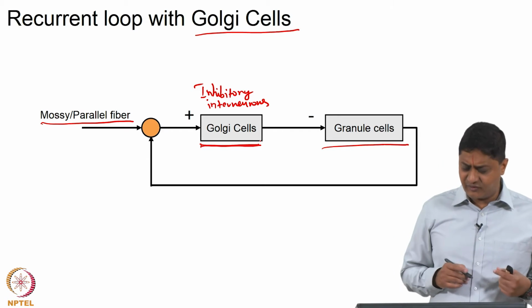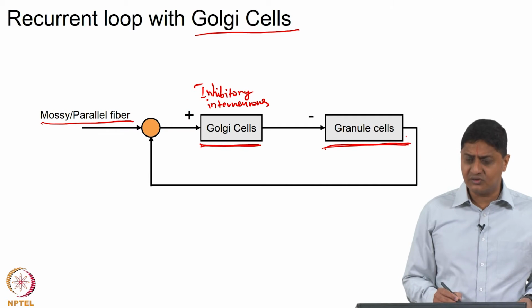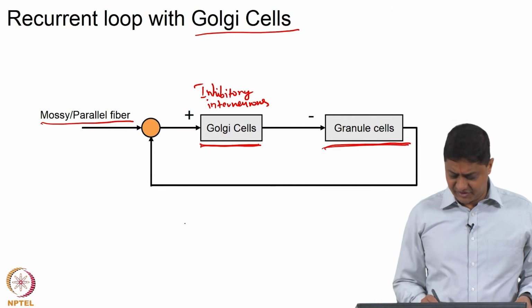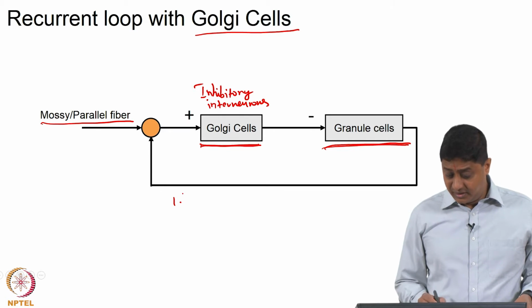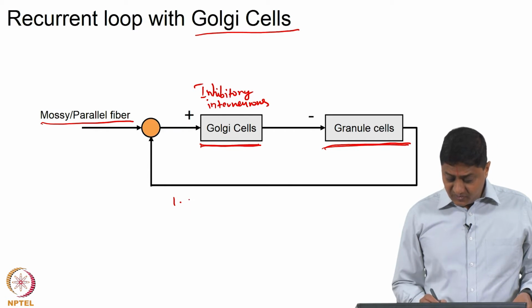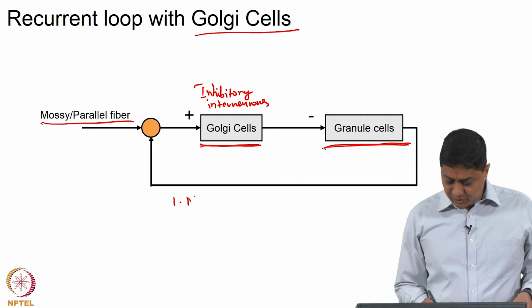What could be the effect of Golgi cell activity on granule cells? Well, there are two ways in which Golgi cells could affect the functioning of the granule cells. First, it could affect the magnitude of the total response.